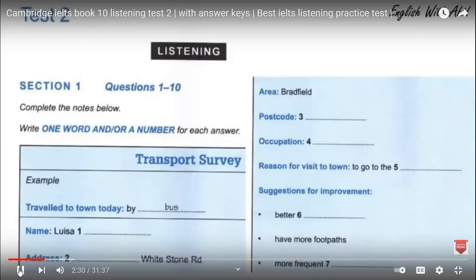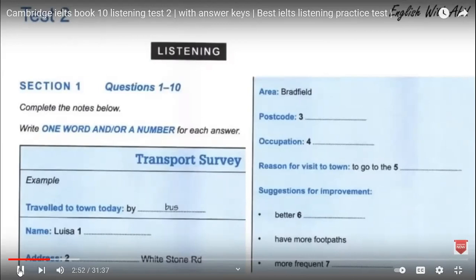Excuse me, I wonder if you could spare a few minutes to do a survey on transport. It won't take long. Yes, that's fine. Lovely. The survey is on behalf of the local council. They'd like to know about what transport you use and any suggestions for improvement. Can I start by asking you how you travelled to town today?